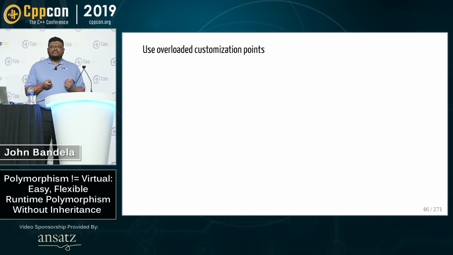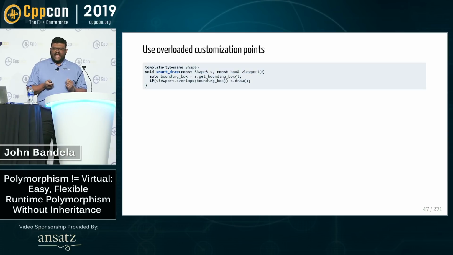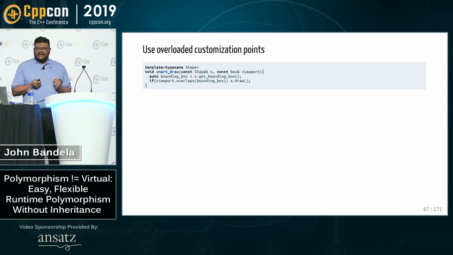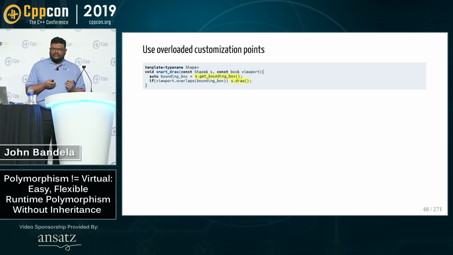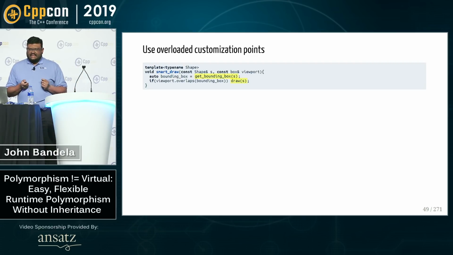Instead, let's use overloaded customization points. We have SmartDraw, and right now we're calling member functions, s.getBoundingBox and s.draw. Let's change these to instead call free functions: GetBoundingBox(s), draw(s).